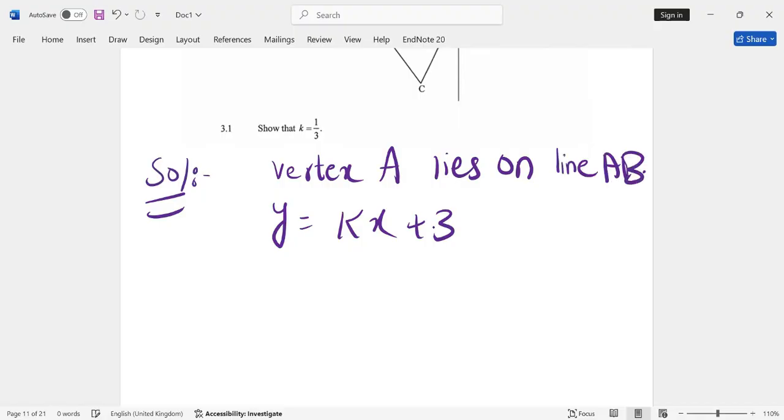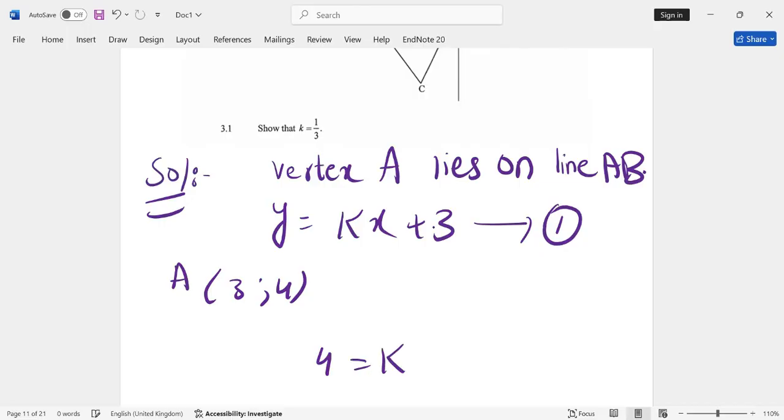Okay? And the equation is this. We substitute the coordinate of A into this equation. What is the coordinates of A? A we have is 3 and 4. So I'm just putting the coordinates in this equation. We have the y is 4. We have k and x we have 3 plus 3.